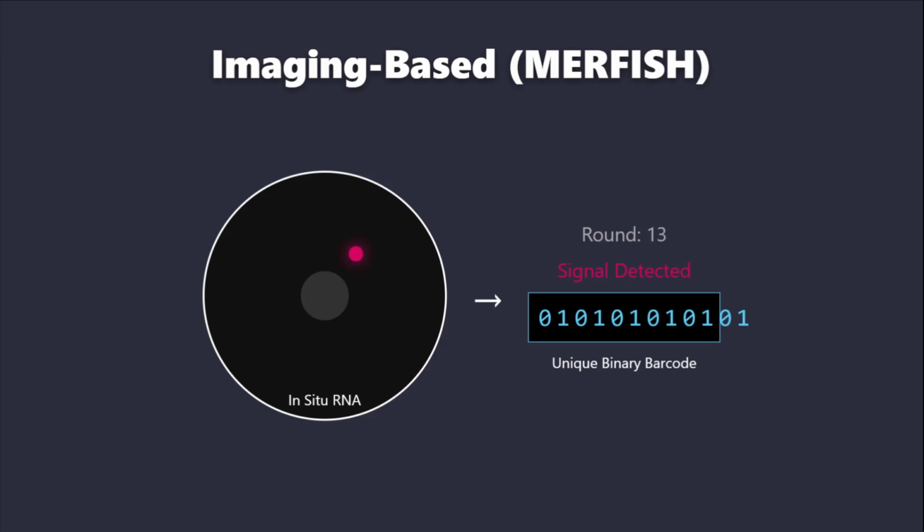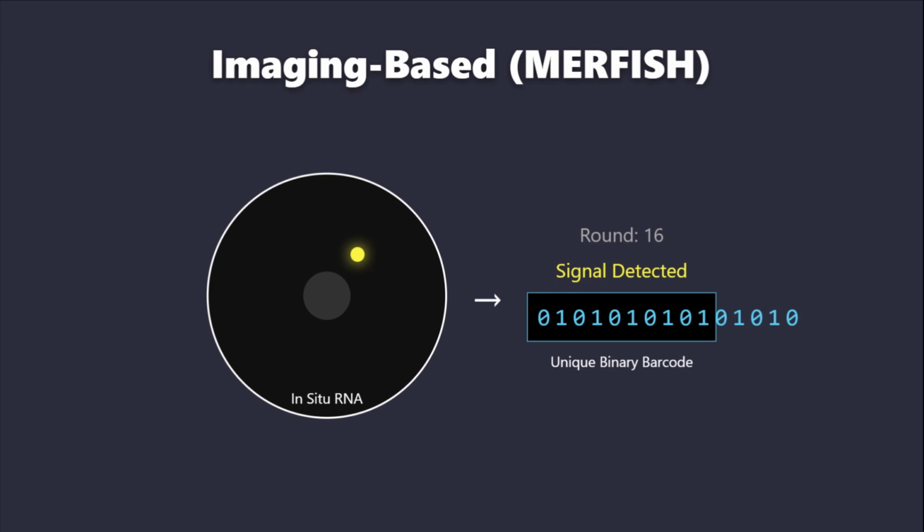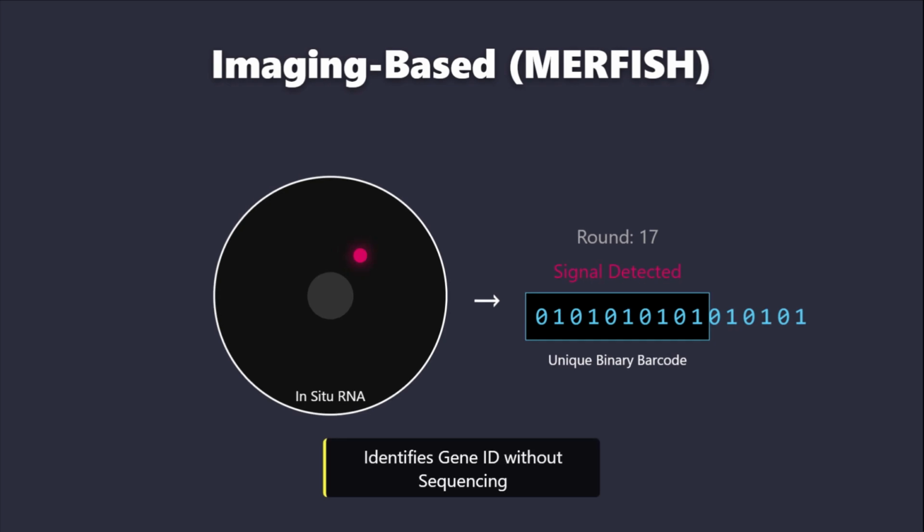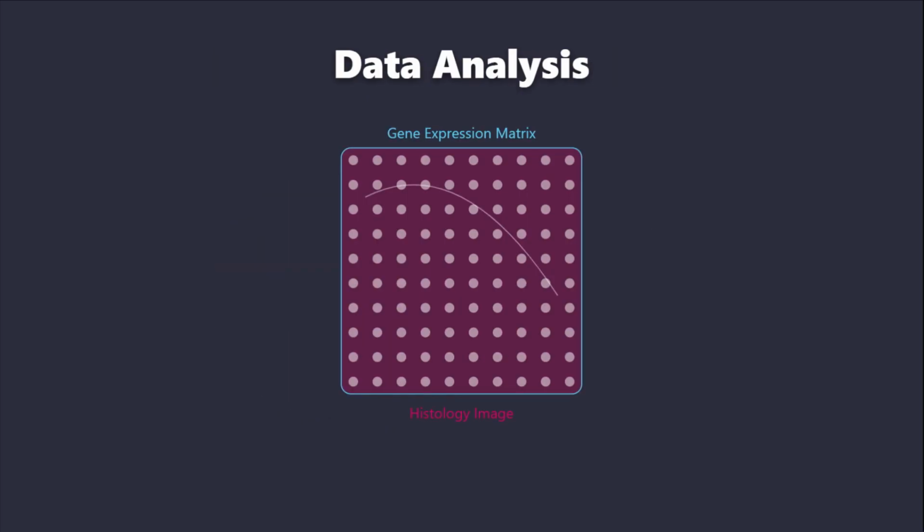The resulting sequence of fluorescent signals across multiple imaging cycles generates a unique binary barcode for each detected transcript. This unique barcode identifies the specific gene, allowing for the mapping of thousands of transcripts with single-molecule precision. This process occurs within the preserved cellular architecture, completely bypassing the need for sequencing library preparation and subsequent sequencing steps.